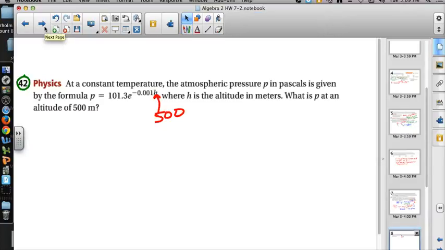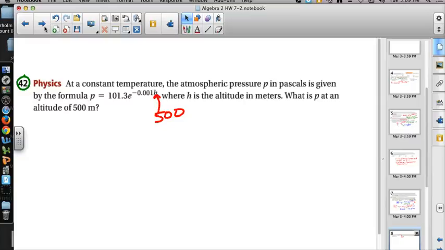And I think I'd do this one just like the last one, where I'd say, okay, I'm going to take care of that power first. So I'm going to punch in negative 0.001 times 500, or you do that math in your head either way. You'll get the right answer when you go through that. So negative 0.5. And then I need second e to the, and then second negative for answer, raising e to that power of negative 0.5, and then times 101.3.